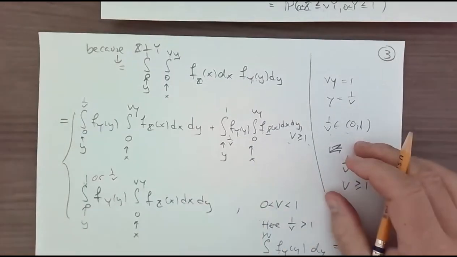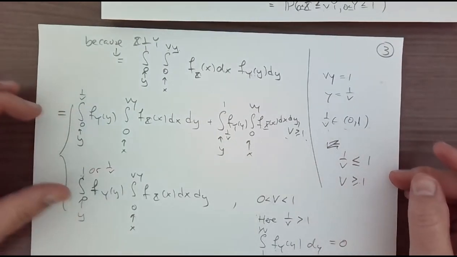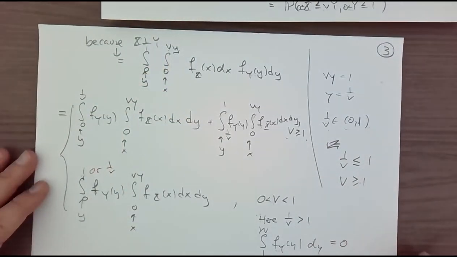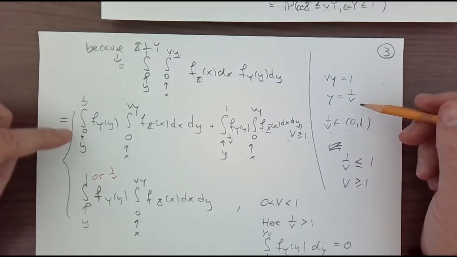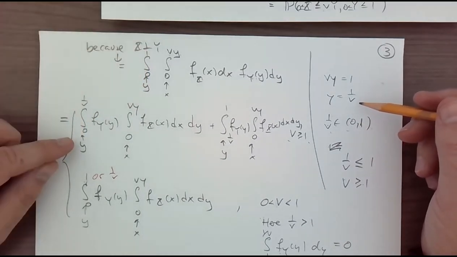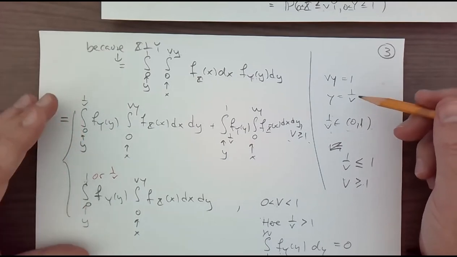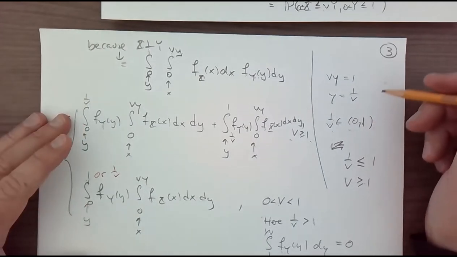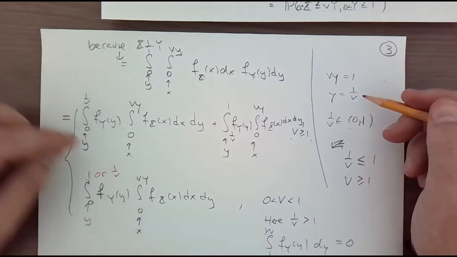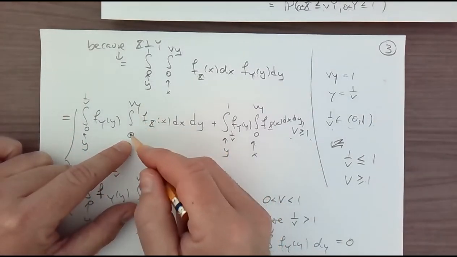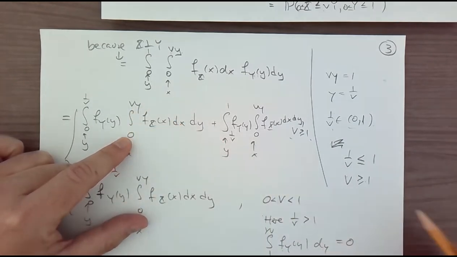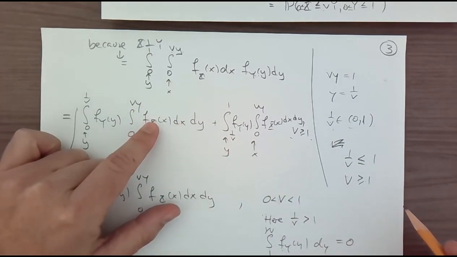So I got this broken up, and now I need to compute each term individually. And the benefit of breaking it up, instead of integrating from 0 to 1, I'll integrate from 0 to 1 over v. What that does for us is that it tells me something about what this density is on the interval from 0 to vy. And now I can put a 1 here.